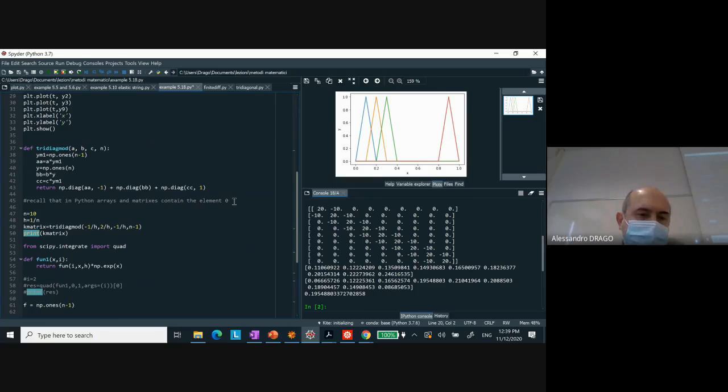But okay, we have to recall that the first element is called 0 and not 1. And the other thing is how many of these functions we need. We need not 10 functions, but n-1, 9 functions.